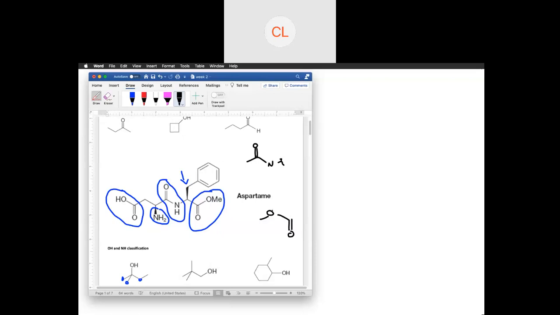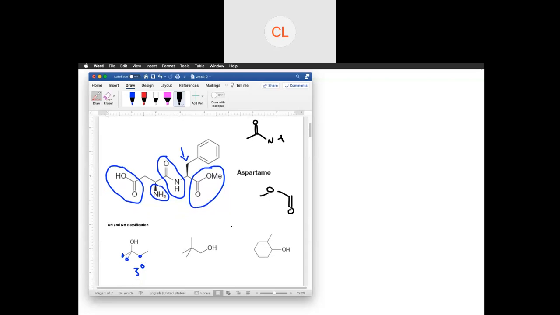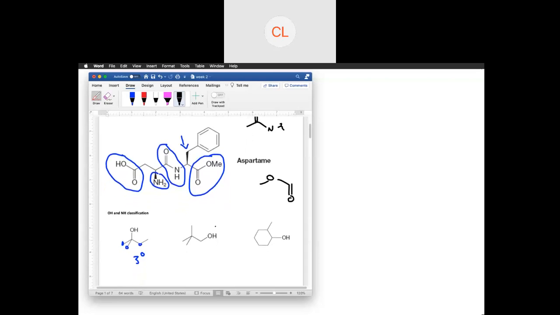Does that answer your question? If this carbonyl wasn't here, and it was just this chain and OMe, then yes, it would have been an ether. Does that answer your question, Ashley? Just yes or no in the chat.